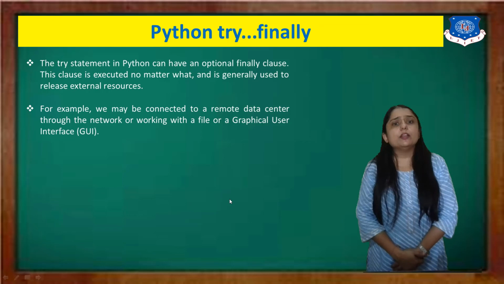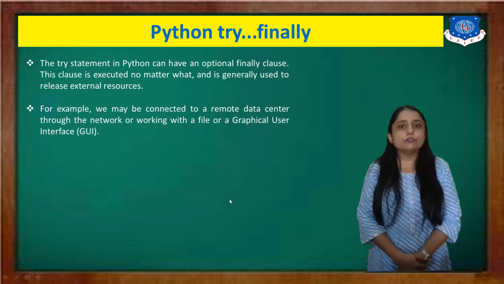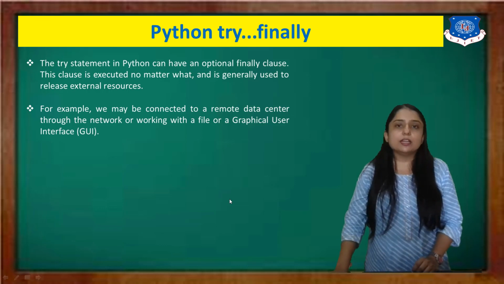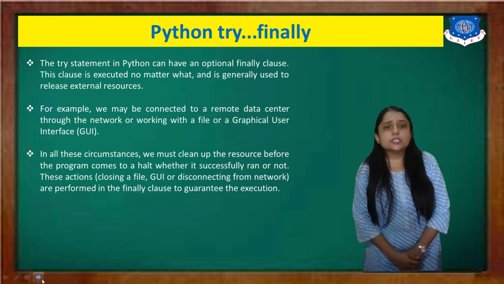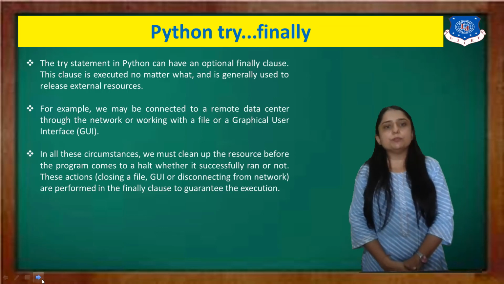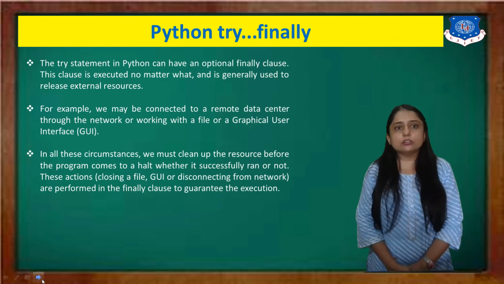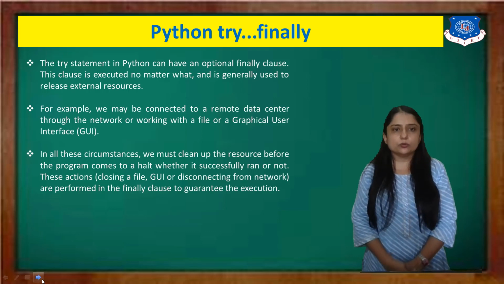For example, we may connect to a remote data center through a network or work with a file of a graphical user interface. In any case you want to close your resources. In all circumstances, we must clean up the resources before the program comes to a halt, whether it successfully ran or not. So this action you have to specify inside the finally clause.